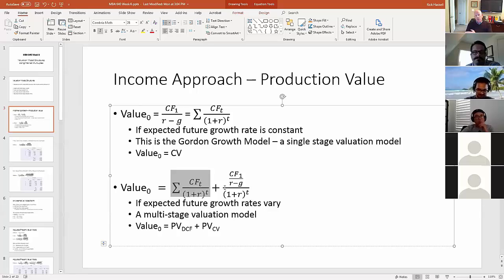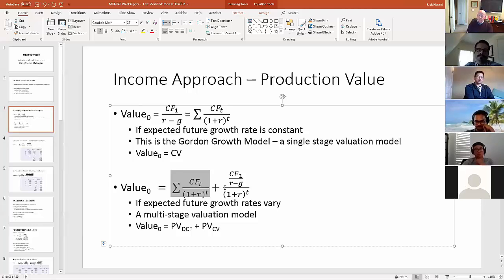So single stage models, multi-stage models, and I just need you to get used to having to deal with those, because if you're now valuing a project in a company that you're working with or your own company, you may have to think about multiple cash flows, multiple discount rates, and multiple periods that go a little bit beyond the pale of what we've done in these very simplified single and dual stage models, to a triple stage or a quad stage or a multi-stage consortium. Does that make sense?